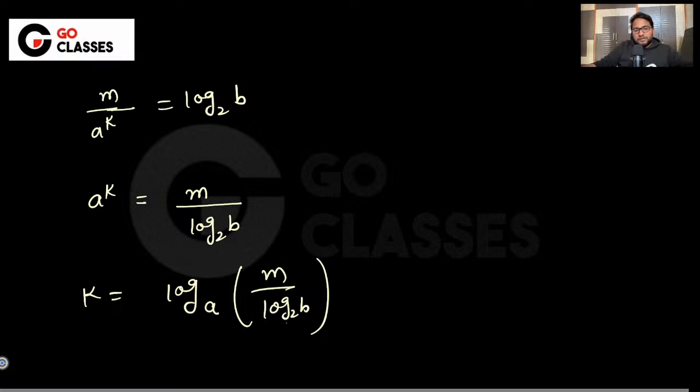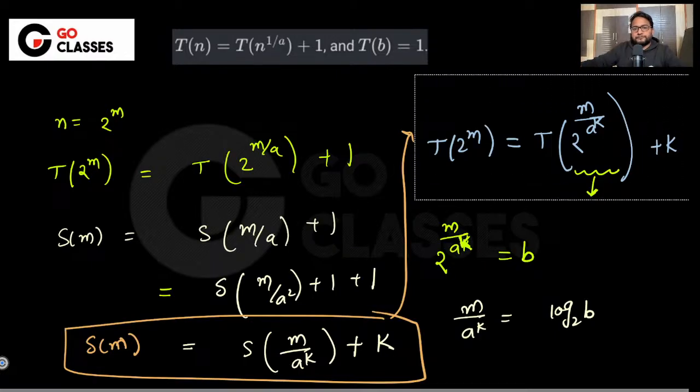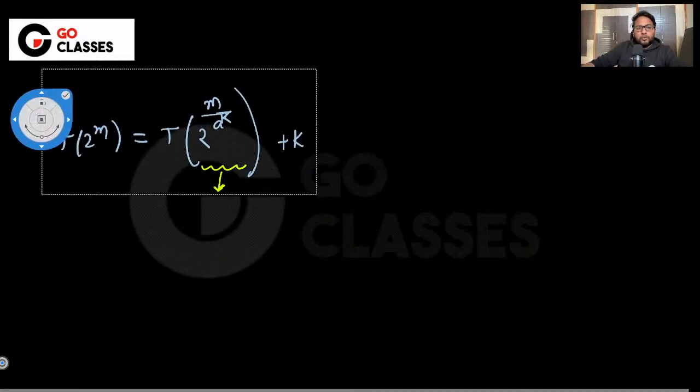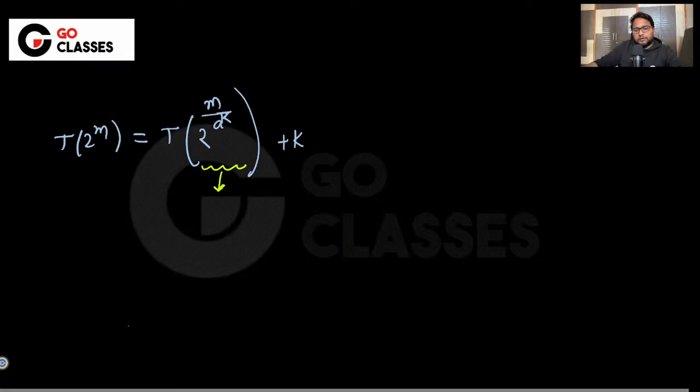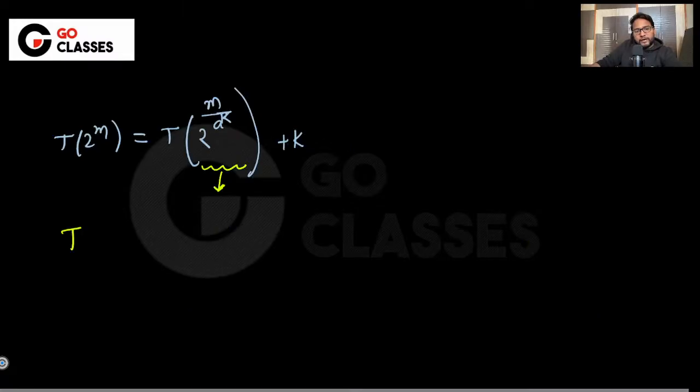Now from here, for the recurrence that we want to solve, this 2 power m is nothing but n. So this is T of n, this is T of b plus k. T of b is 1, so this is 1 plus the k only.